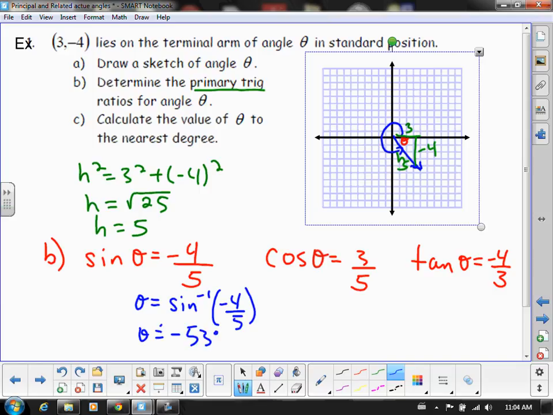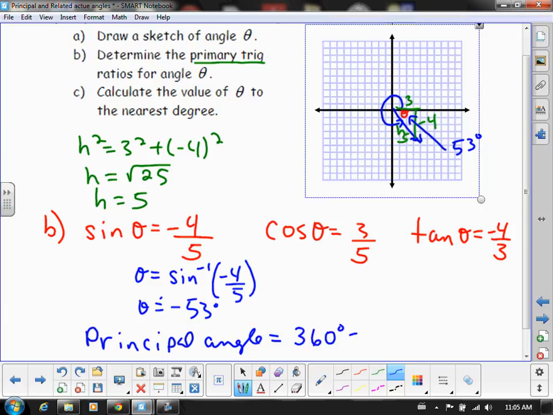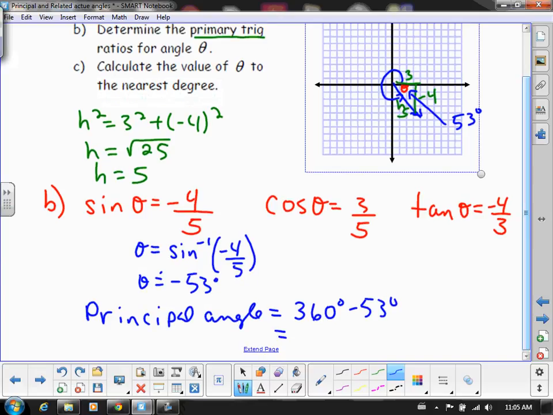The problem is we want to know what that answer is in terms of the principal angle, which is the positive angle. So that means this angle in here is 53 degrees. So my principal angle is going to equal 360 minus 53. So that's going to be 307 degrees.